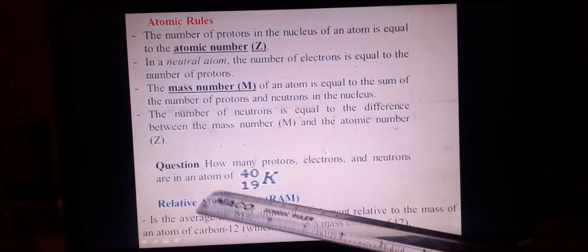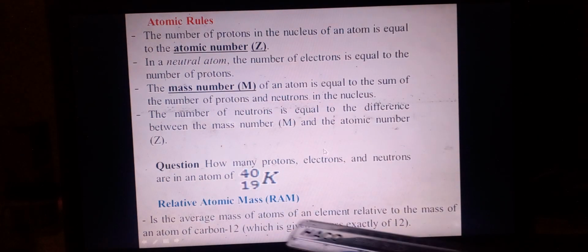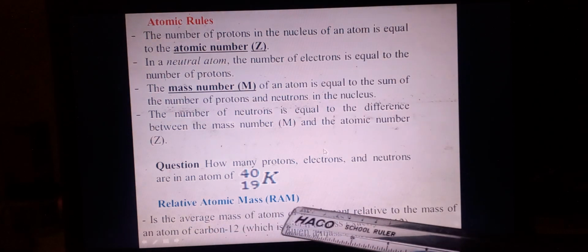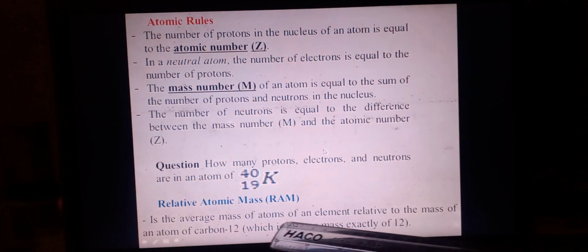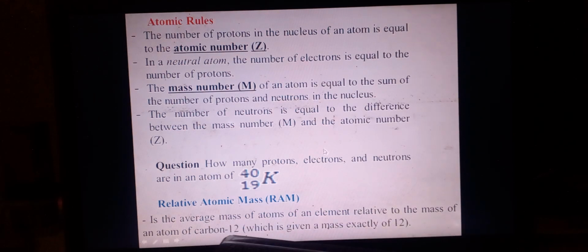So now we proceed and look at relative atomic mass. Again, we were able to define this terminology in Form 2, where we said relative atomic mass is the average mass of atoms of an element relative to the mass of an atom of carbon-12, which is arbitrarily given a value of 12.00 atomic mass unit.